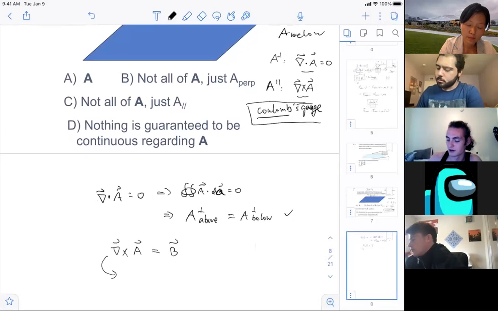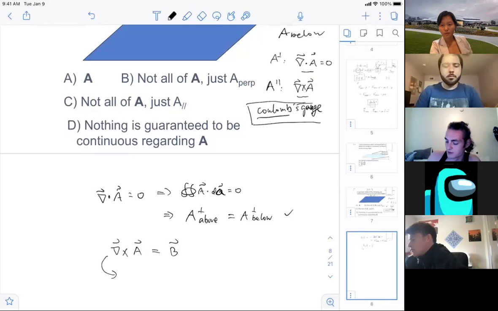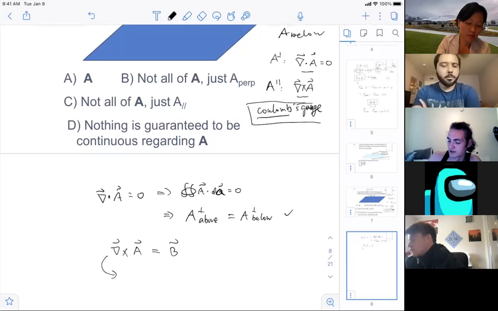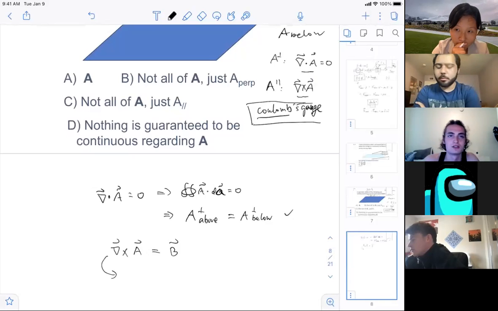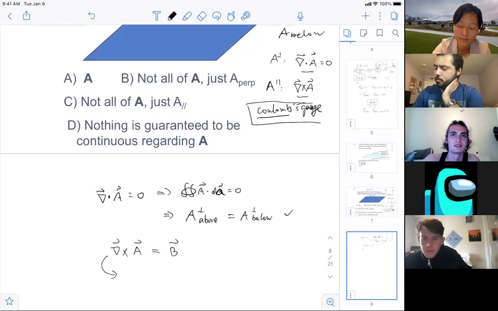So just looking at B parallel above minus B parallel below, that's non-zero. And I wasn't sure initially whether that meant it was not continuous or it just had some sort of gradient.